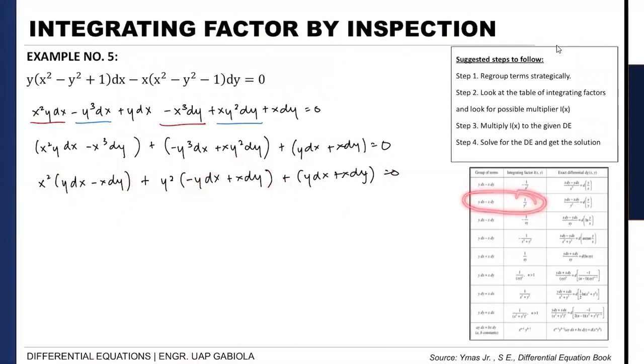Okay? So what I will do is, this last term of ours is an exact differential of xy.